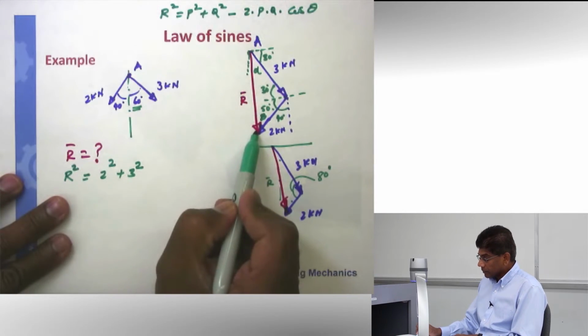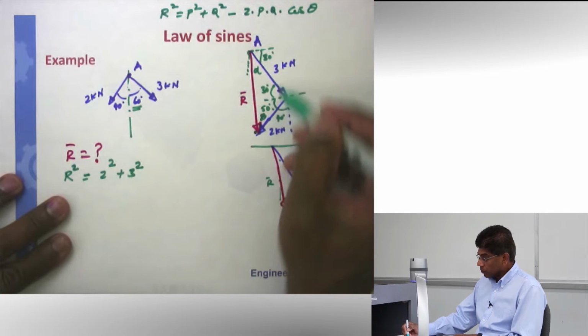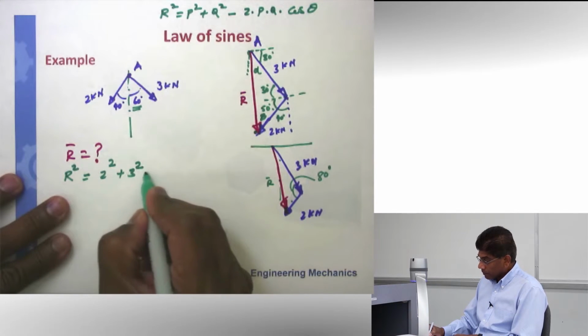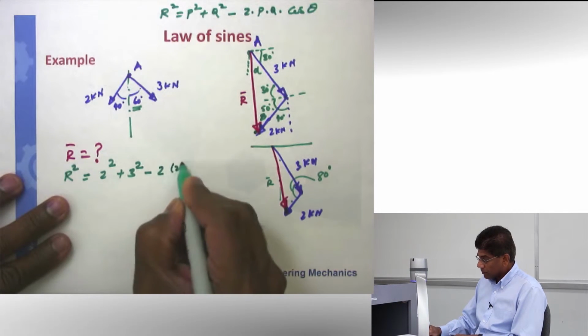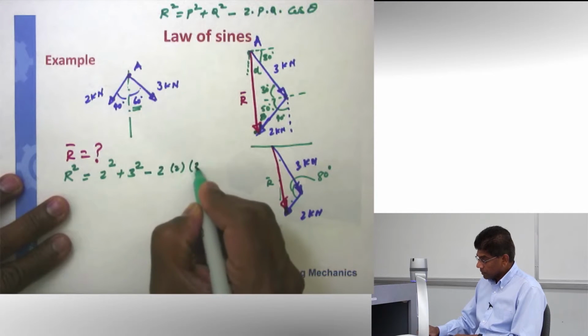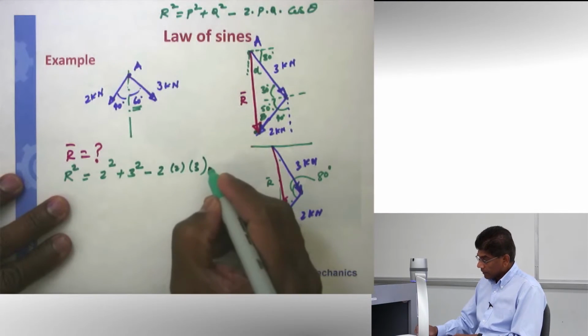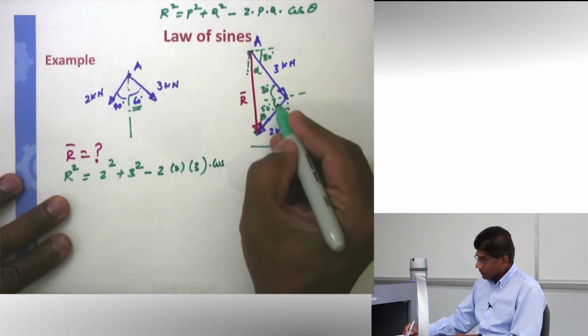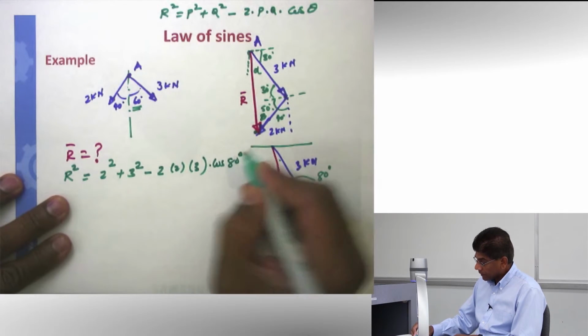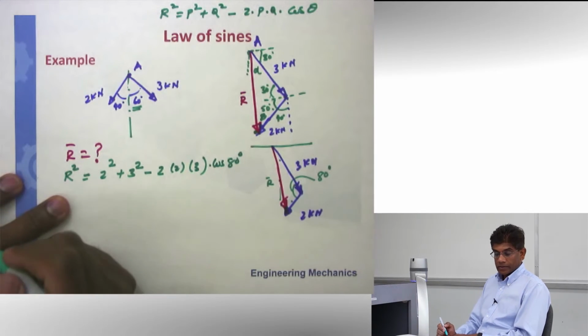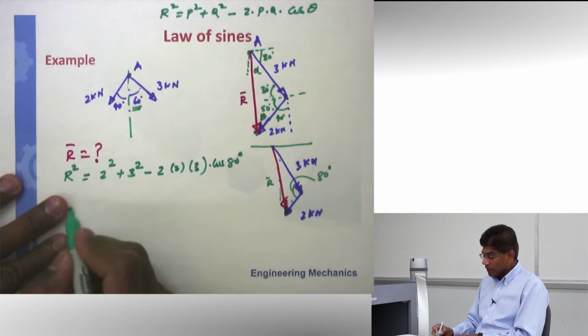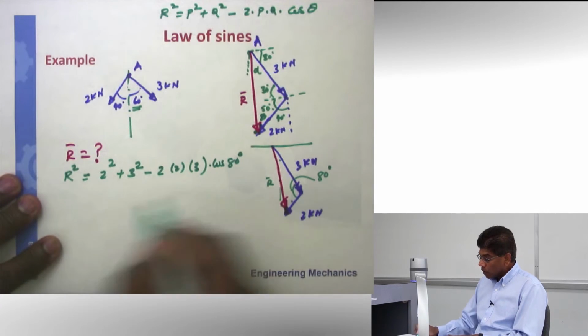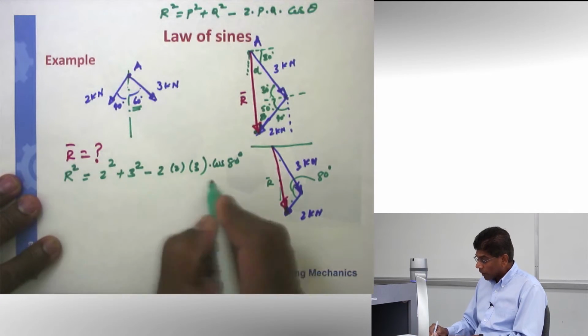R square equal to 2 square plus 3 square minus 2 times 2, which is that 2, times 3, which is this 3, times cosine 80 degree. And that's what this 80 degree is. All right. Now, this is something very easy to evaluate. And once we evaluate, we have to take the square root of that.